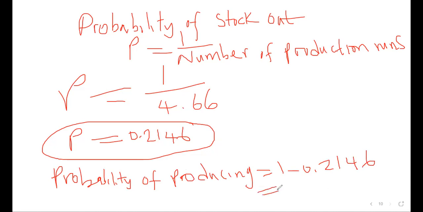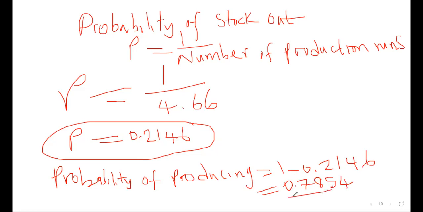So the probability that they'll be able to produce is 1 minus 0.2146, so 0.7854.